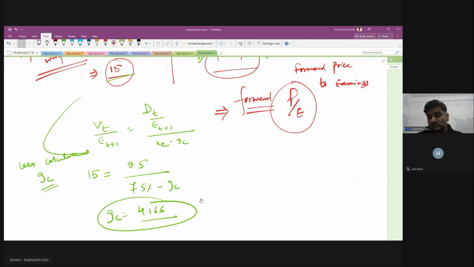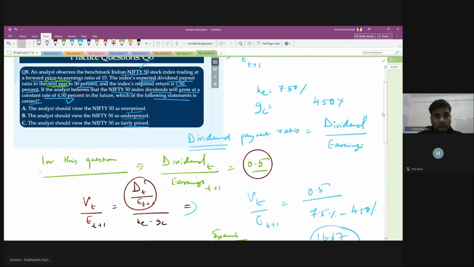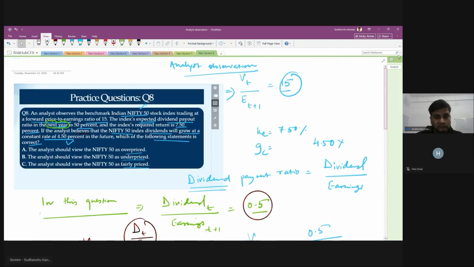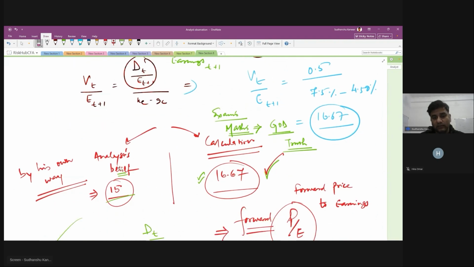Since the analyst is saying that there is higher Nifty dividend growth, if you do the calculation part, now g, which came out from 15, this was the analyst's observation. Okay, I should not write belief. I should write observation. I think that will be a better word.